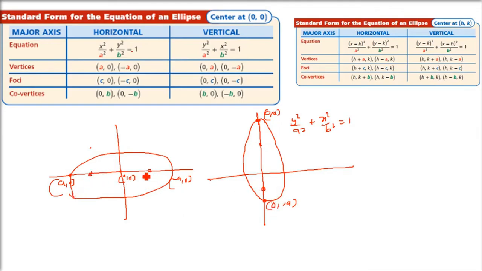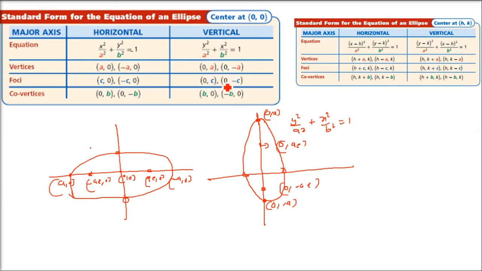The foci were (ae, 0) and (minus ae, 0), if you remember. Here the foci will be (0, ae) and (0, minus ae). And the co-vertices are these 2 points.